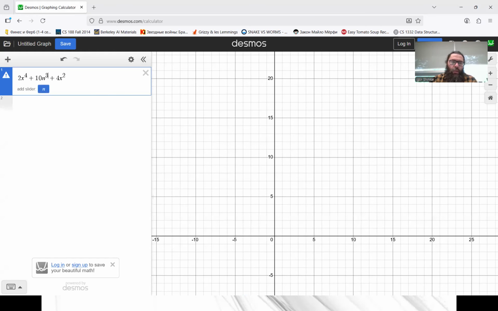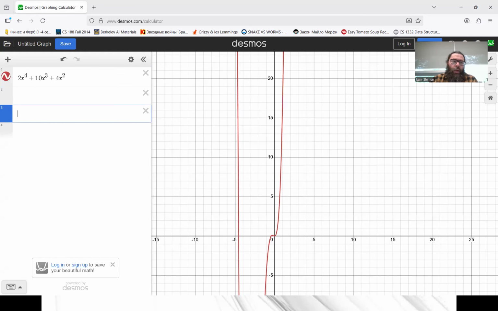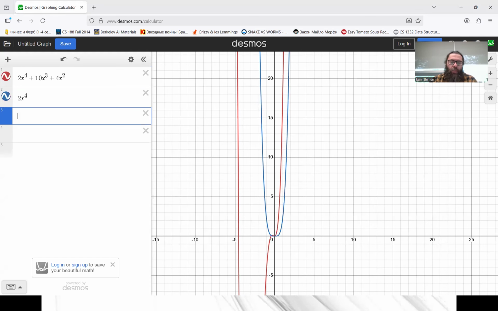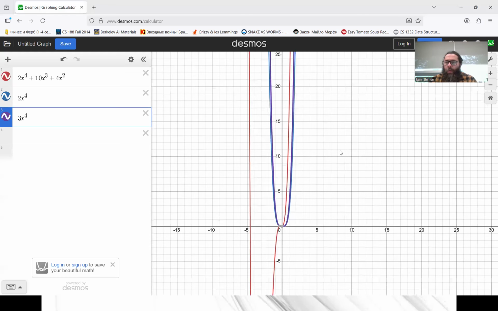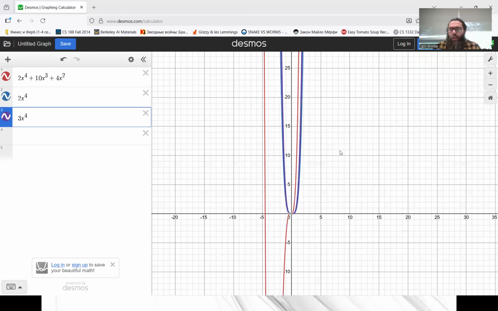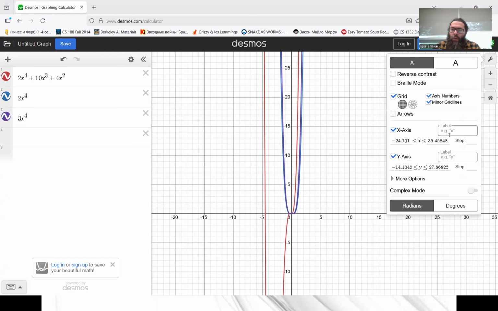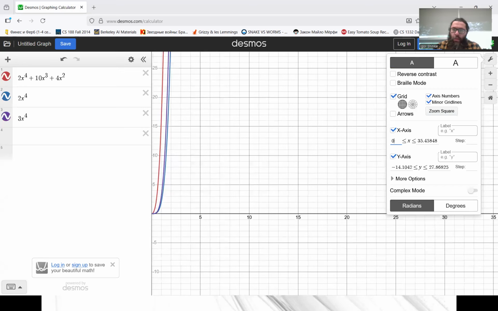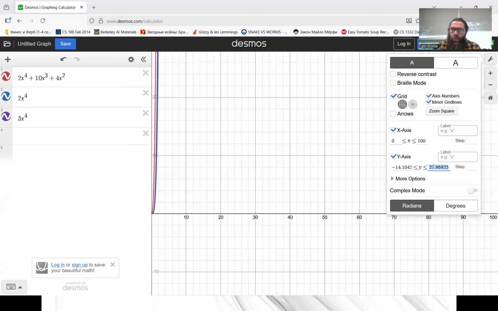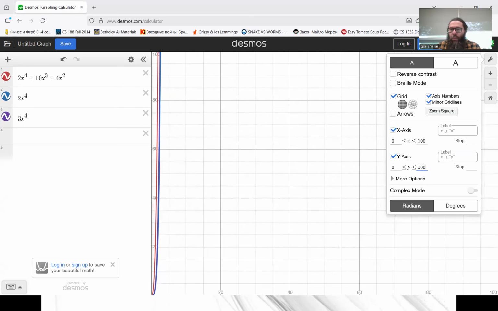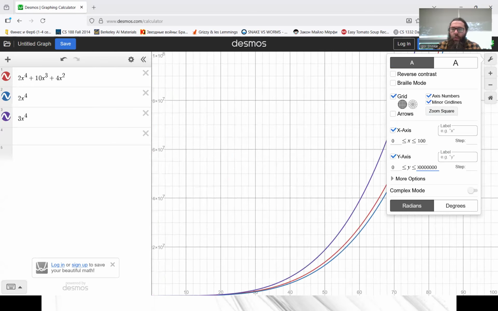Oh, it should be x everywhere. And the other one will be simply 2 times x to the 4 and maybe also 3 times x to the 4. Then I'll need to do a nice scale. Let's say from 0 to 100.